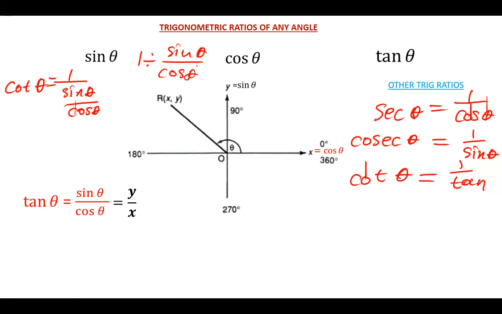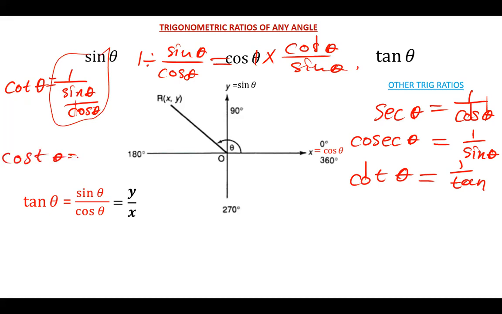Then according to the normal division that we know, this can also be written as 1 times cos theta over sine theta. So this whole expression can be written in short as cot theta equal to this part here. This is supposed to be cot theta, not cos theta.